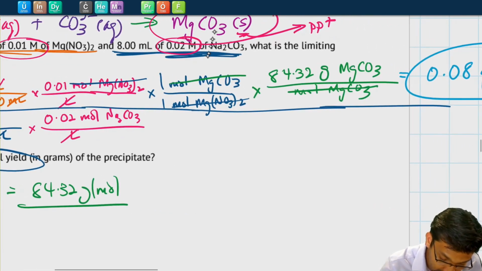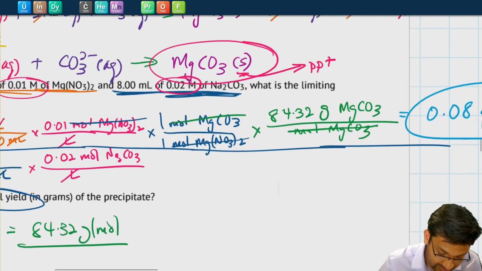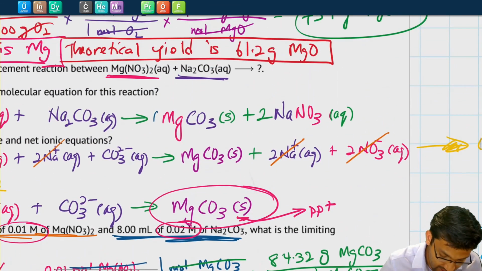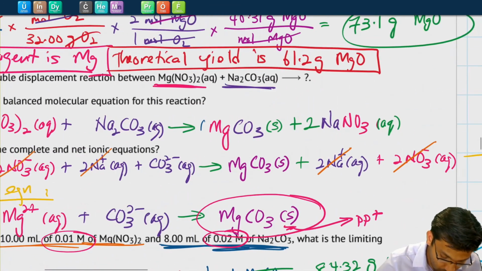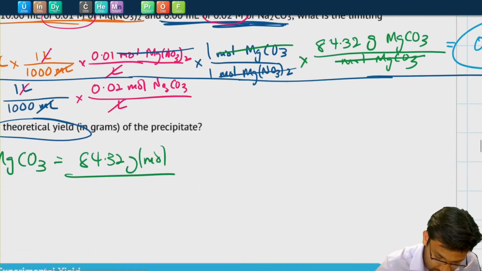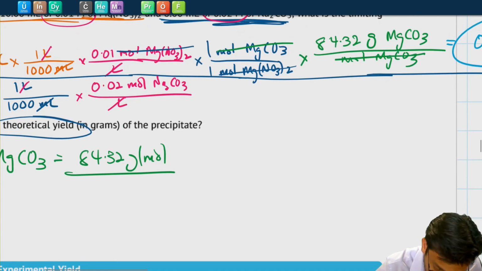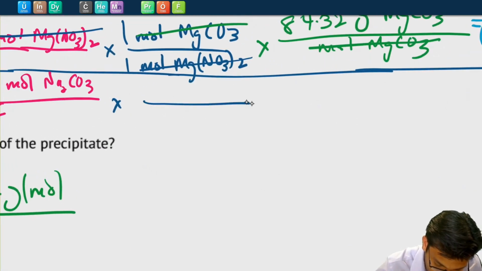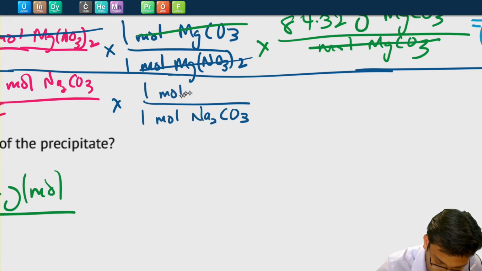Then we use the mole ratio to convert from sodium carbonate, our reactant, to our product of interest. The ratio here is 1 mole of sodium carbonate to 1 mole of magnesium carbonate.